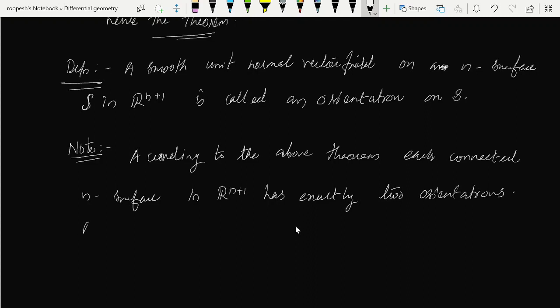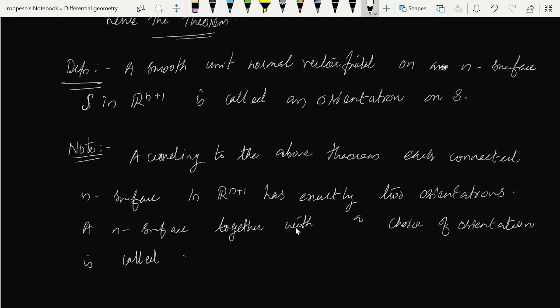So an n-surface together with a choice of orientation is called an oriented n-surface.